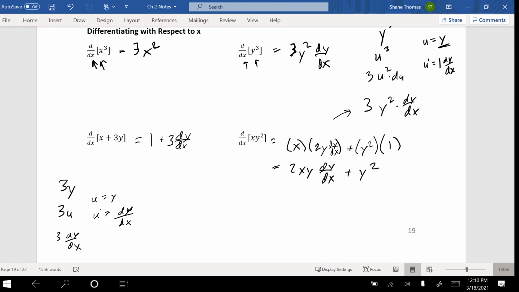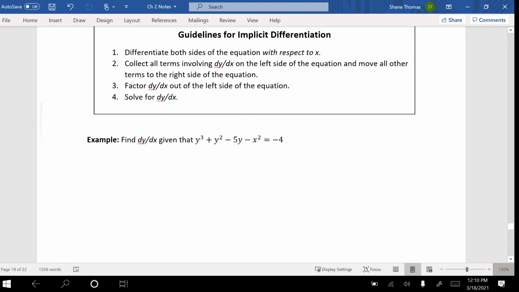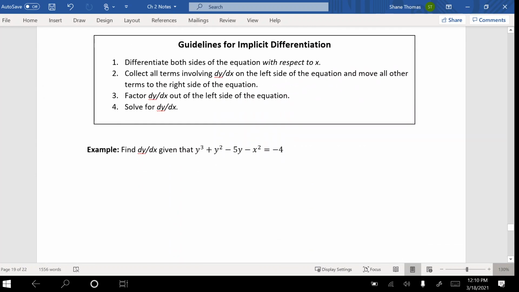All right, so now we're going to step it up a little bit. Rafe Snyder, I can see you're ready for it over there. I know you are. All right, so here are our guidelines for implicit differentiation for a longer equation. Those were just a couple of individual terms along the way. Now we're going to go with the full equation.